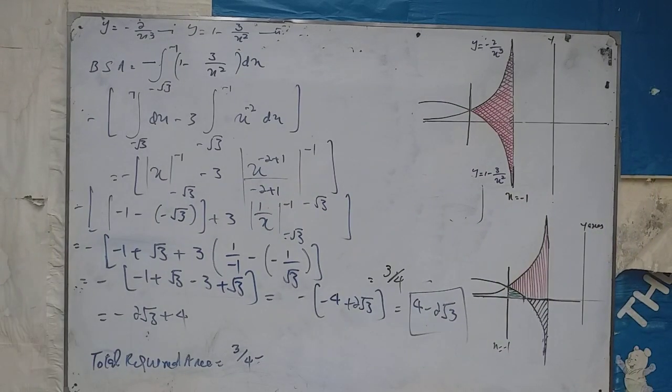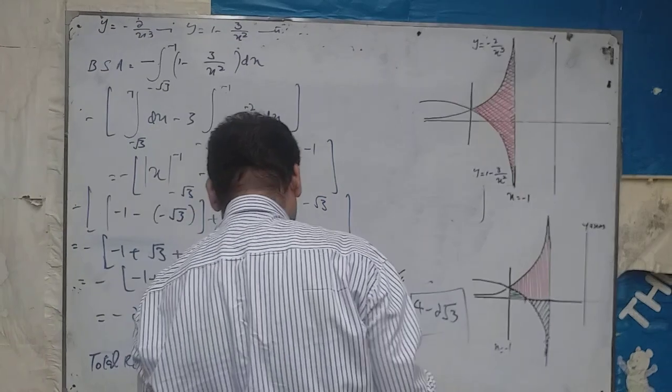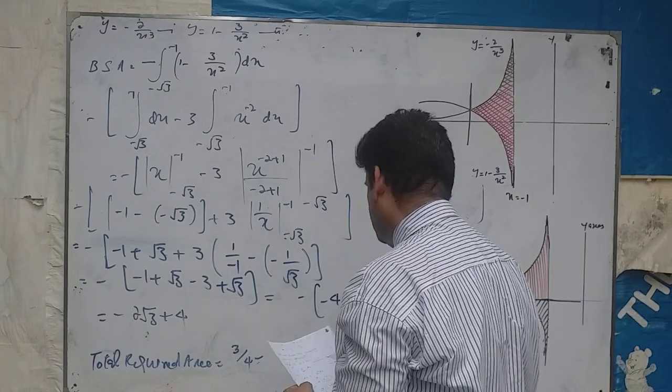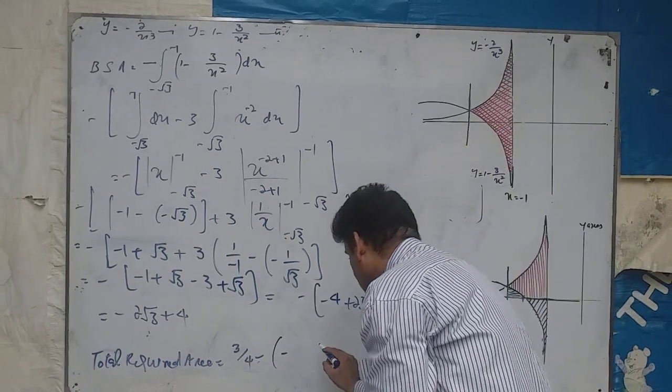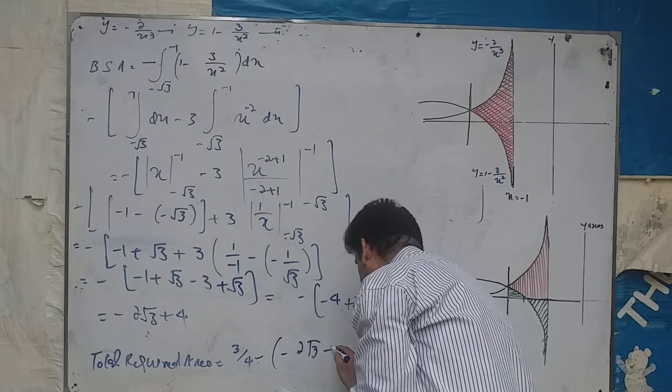The amount of green shaded area was minus 2 under root 3 plus 7 by 2.